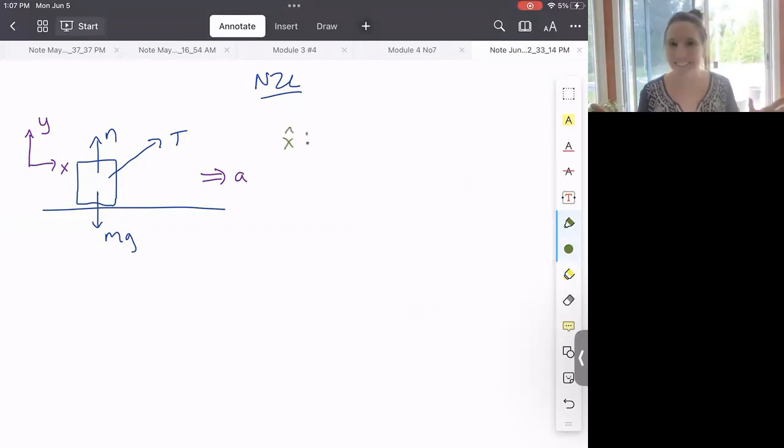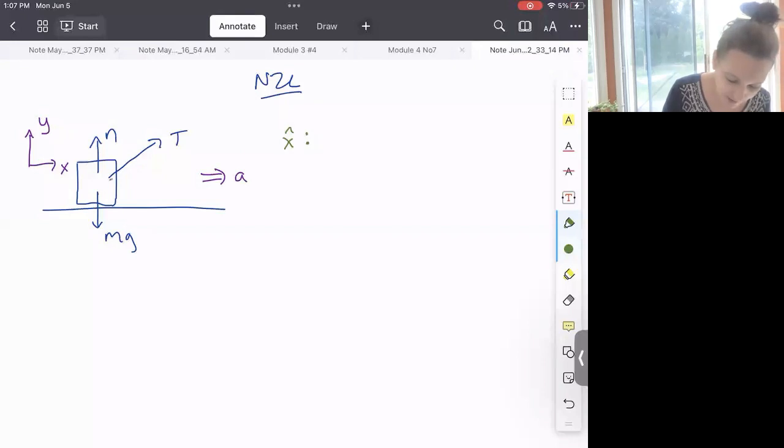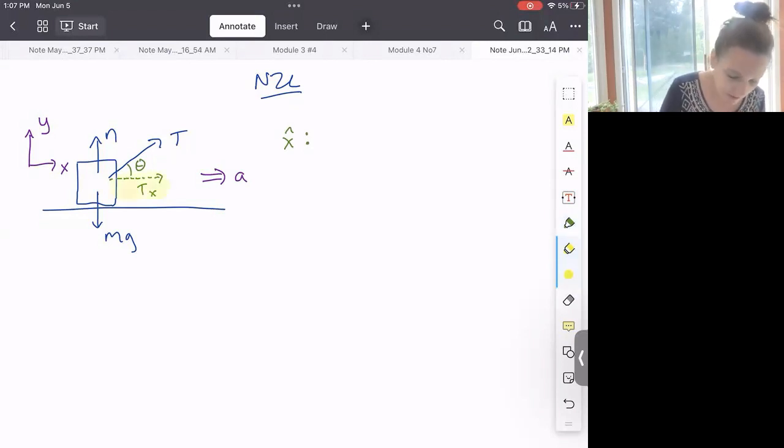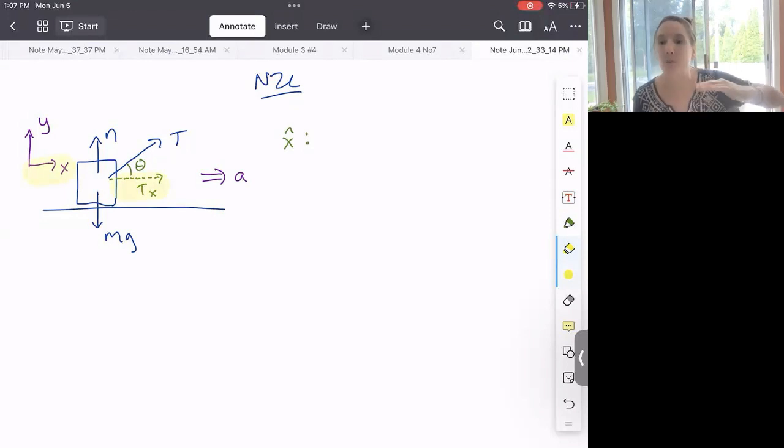So if we look then to see what this would look like for our equations of motion, again, I keep X and Y separate throughout the entire course. In the X direction, I need to keep the X component of my tension. So let's add in an angle here, theta. You'd be given that in a real problem. I'd have some component of my tension, Tx, that's along the X direction only. We can see, right, that this is in my positive direction.